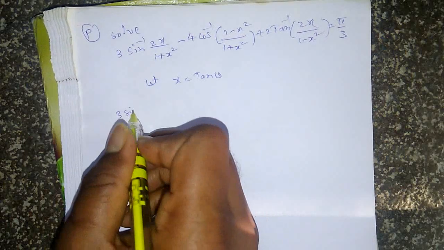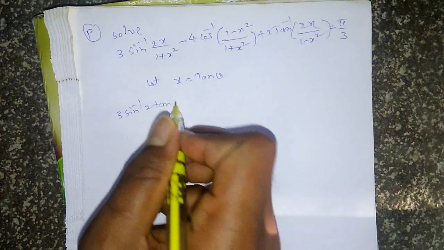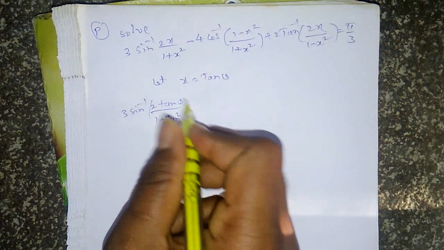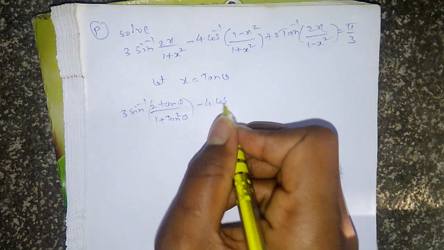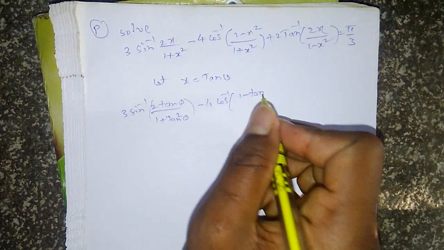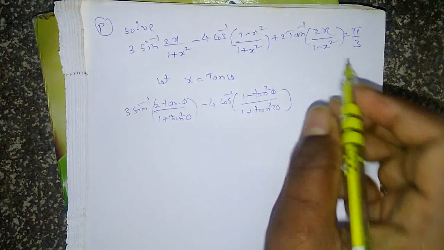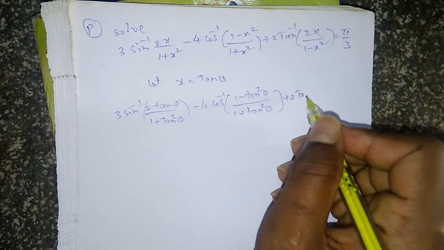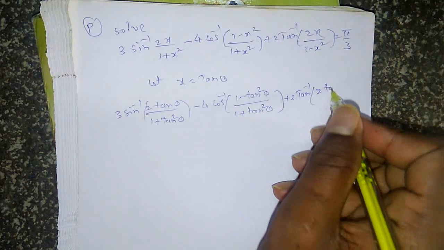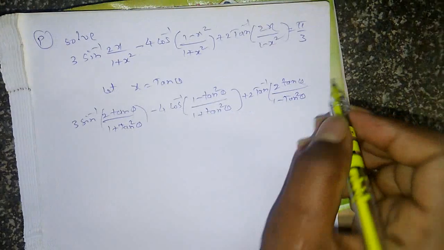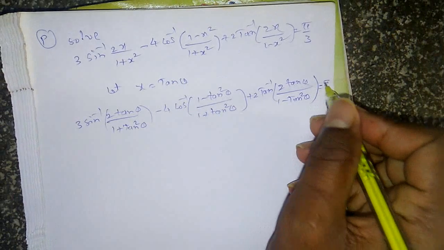So it will be 3 sin inverse of 2 tan theta by (1 plus tan square theta) minus 4 cos inverse of (1 minus tan square theta) by (1 plus tan square theta) plus 2 into tan inverse of 2 tan theta by (1 minus tan square theta) is equal to pi by 3.